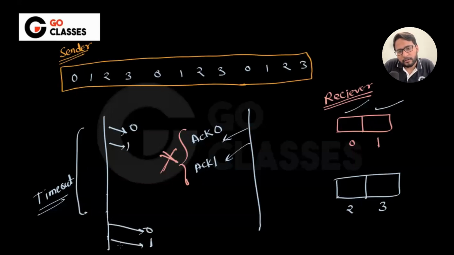Now you tell me, what will the receiver do for this 0, 1? It will definitely discard it. After discarding it, it might send a NAK saying that it is expecting 2 or 3 or something like that.